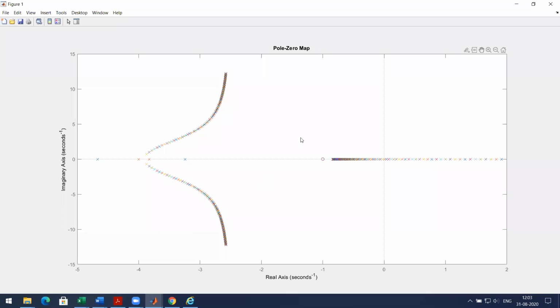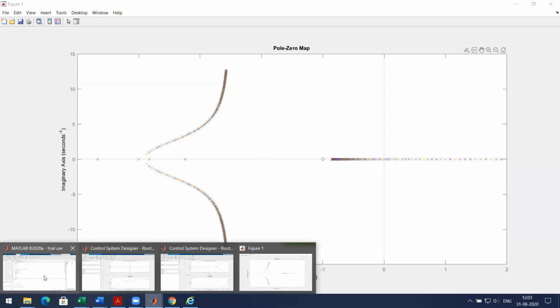Any doubts? No, sir. Okay, you have understood what is the difference between the root locus and this one. It's the same, just we are varying the value of k and it is plotting for that.